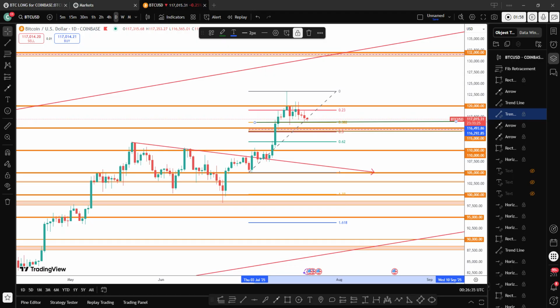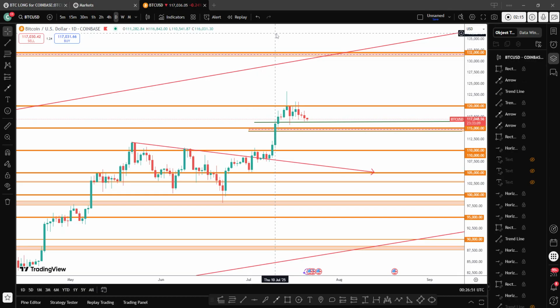Okay. Started seeing reaction on that zone. So let's come to our 4 hour time frame.